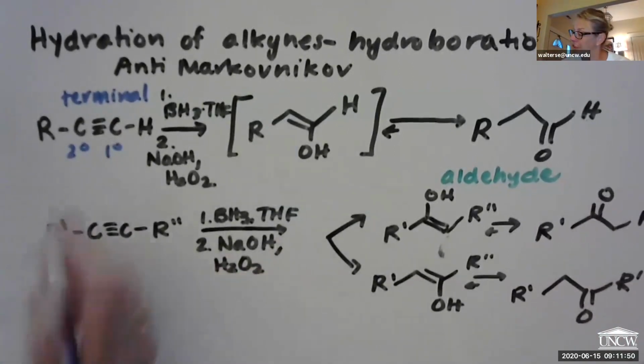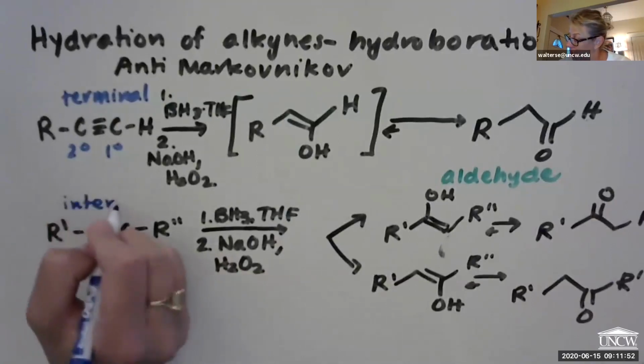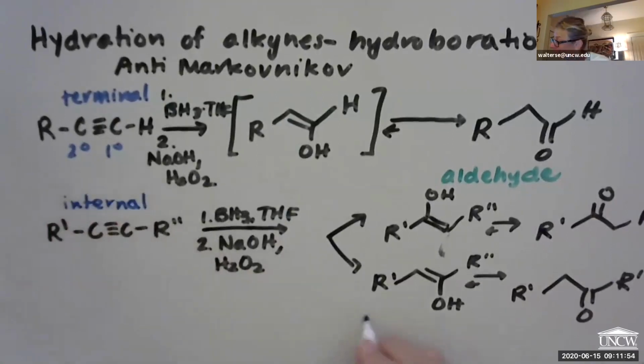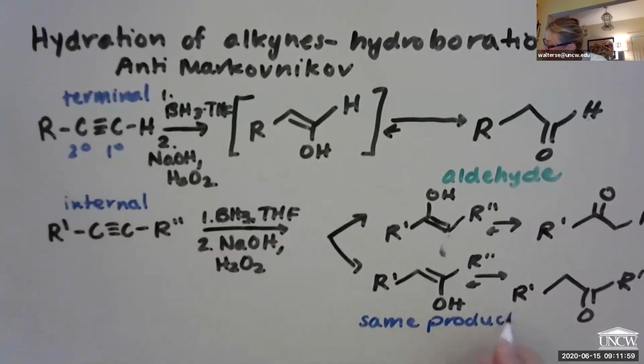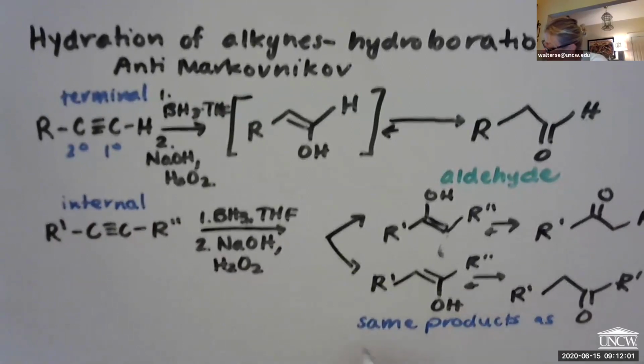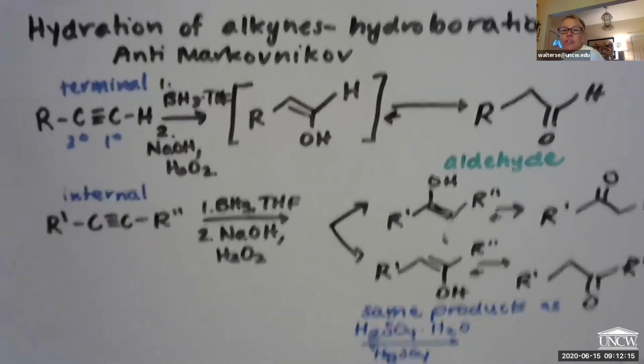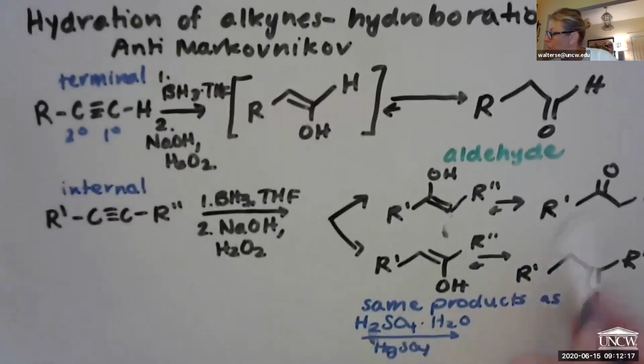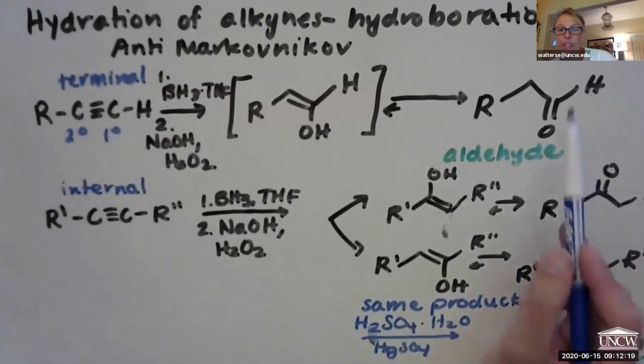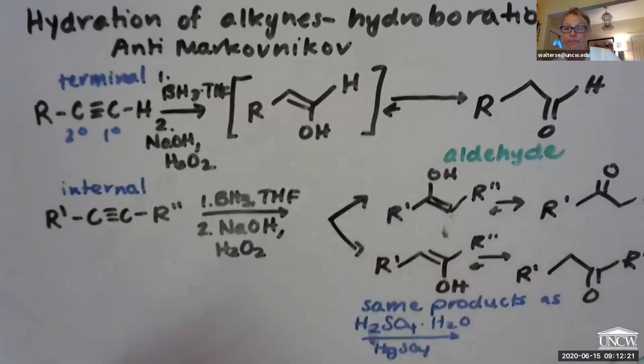If it's internal, you get the exact same products as if you had done the Markovnikov addition with sulfuric acid, water, and mercury sulfate. So you do end up having two ways to do the ketone synthesis, but you really only get one way to make an aldehyde.